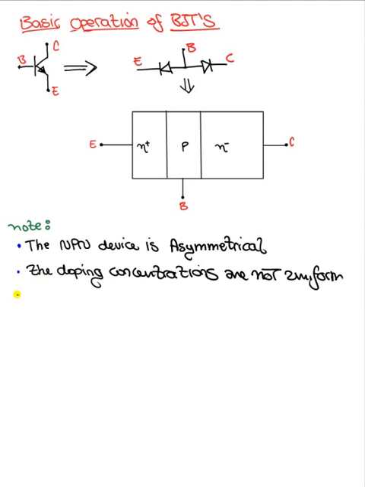And the last thing to note is that this device is basically two asymmetrical diodes stacked back to back. Thus, that's why we use this model here on top.